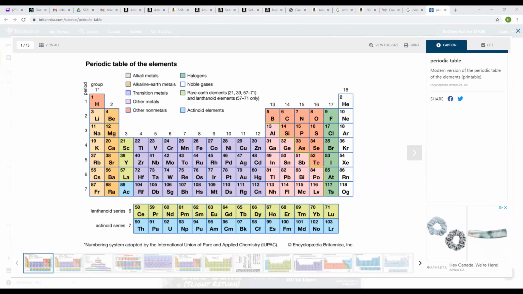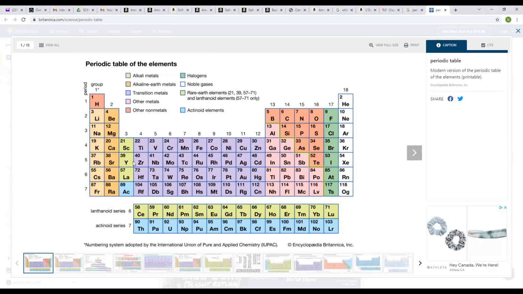Because the left side are metals? Yeah, the left side of the table is mostly metals and they tend to lose electrons to become more stable. Whereas on the right side, they are non-metals and they want to gain electrons to have the octet and become more stable, more like the noble gases here.